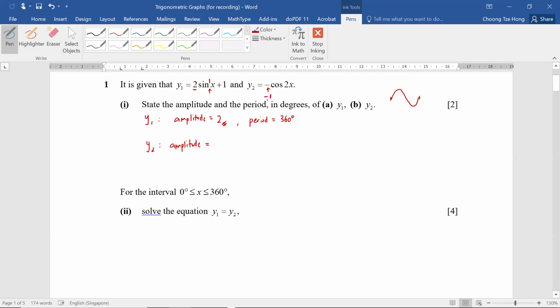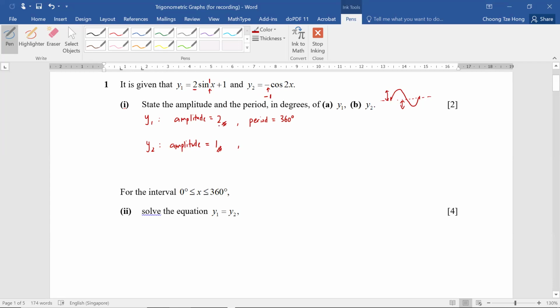But when we talk about amplitude, we are just interested in the distance between the rest point, the center point of the graph, and the highest point or the lowest point. So although over here it is a negative 1, for amplitude we only write the positive number. You don't write negative 1, you just write 1.